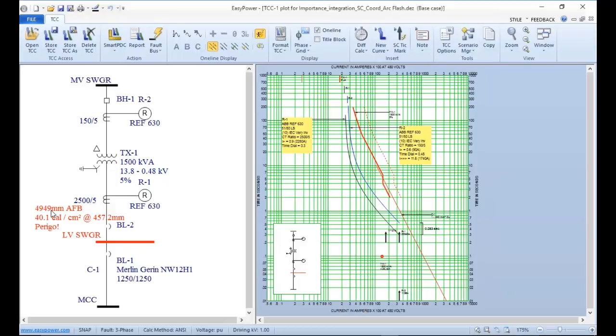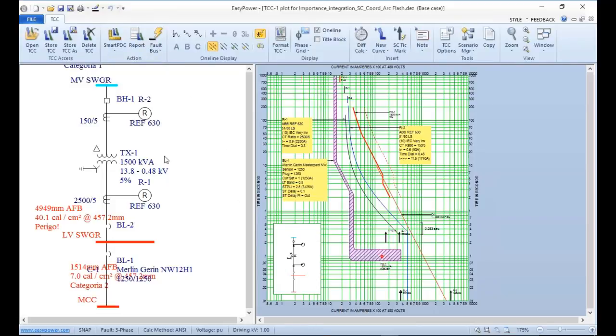One can say, put an arc relay here and you solve the problem. Okay, it's a solution. But you received this study, it's coordinated. You have the time intervals.